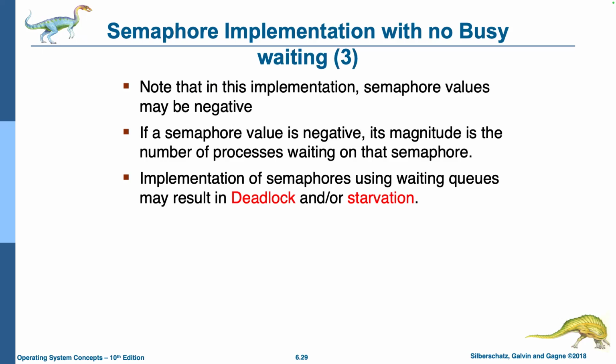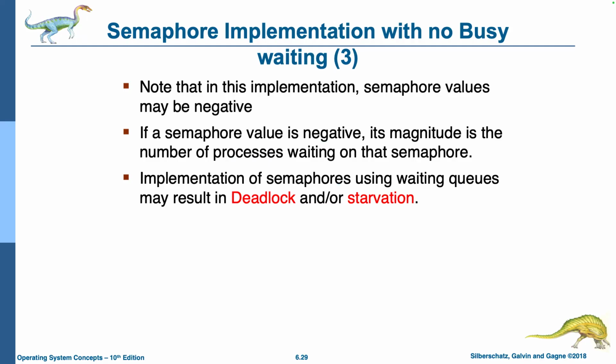So remember in this implementation, the semaphore values may be negative, but that doesn't matter. If a semaphore's value is negative, it means that is the number of processes waiting on the semaphore. The implementation of a semaphore using a waiting queue may result in deadlock and starvation.